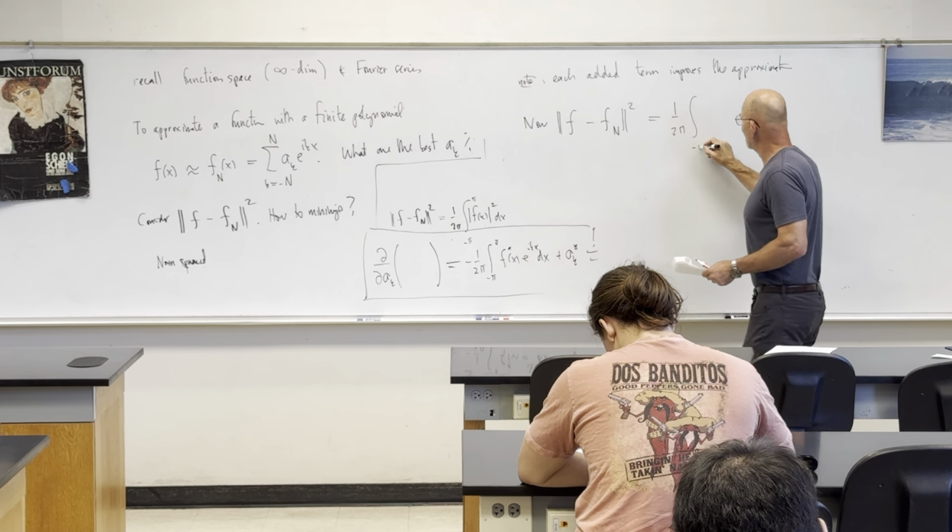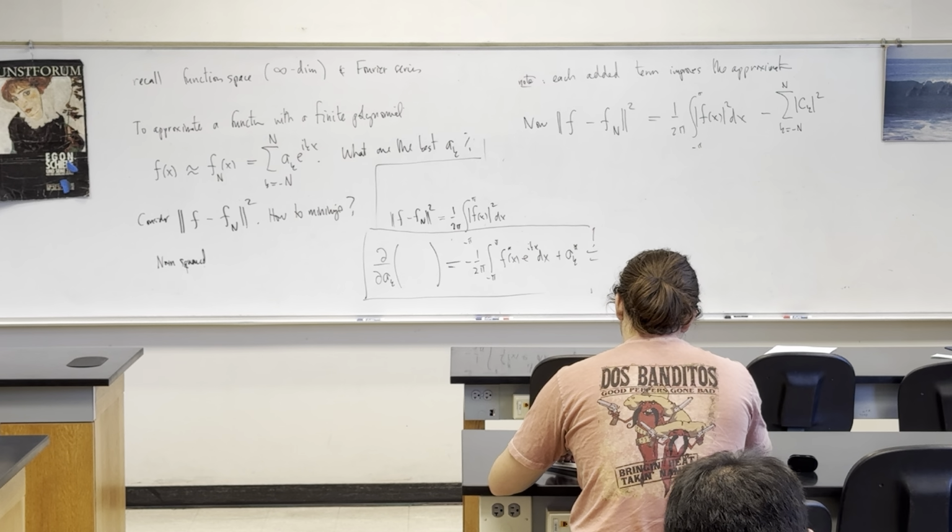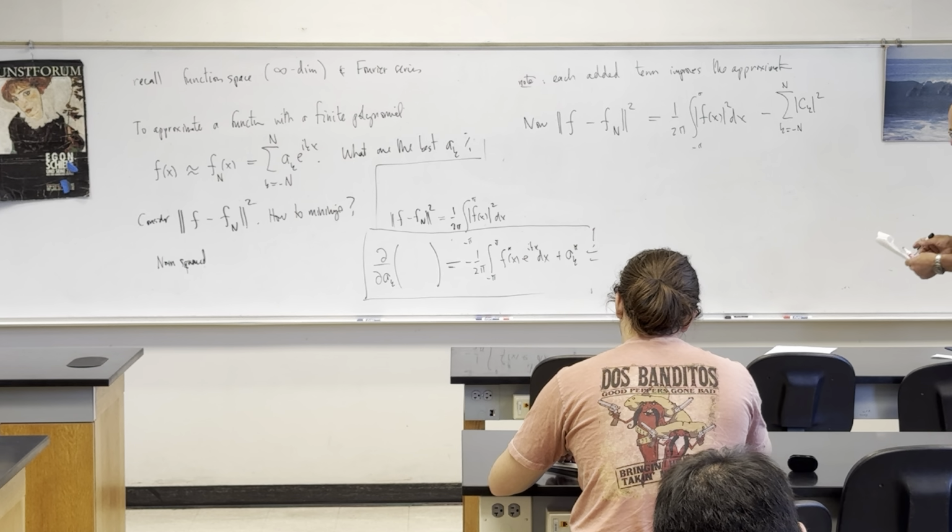And what remains is the sum over k equals minus n to n. Now I'll go ahead and call them c sub k squared the way we did before. So it's always improving the approximation. This is always positive, so this is always greater than or equal to this.